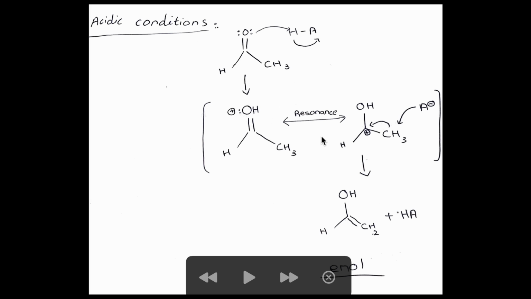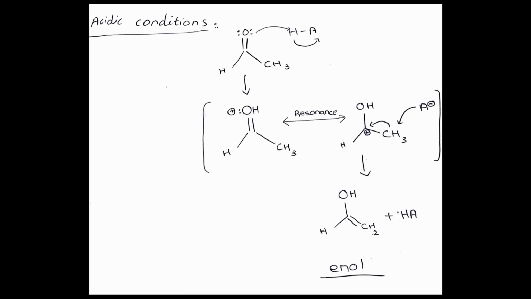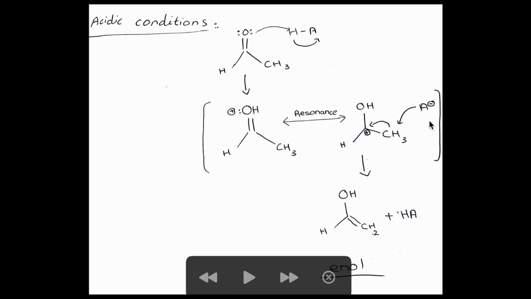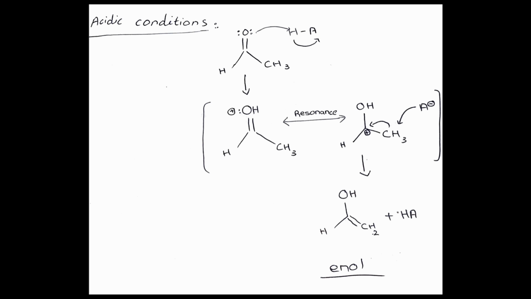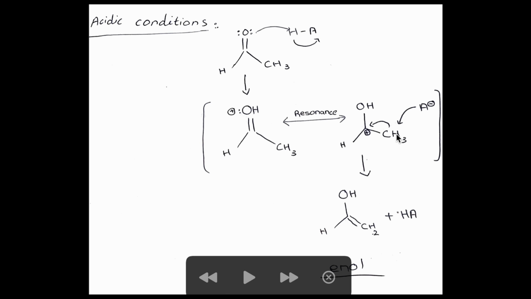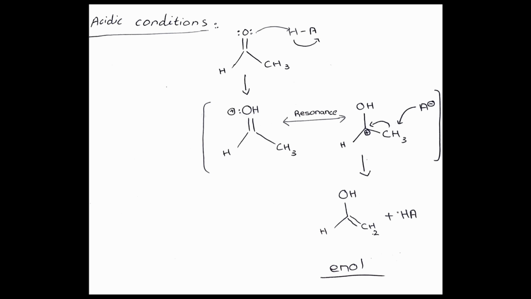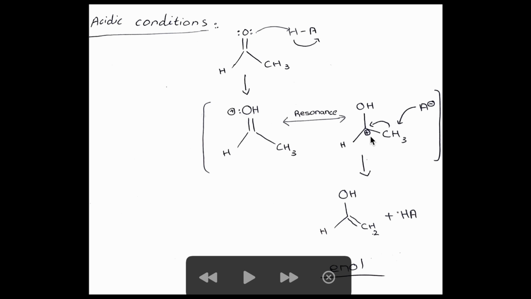As we can see, there are two resonance structures. In one, the positive sign is on the oxygen, and in the other, the positive sign is on the carbon next to the oxygen. After that, the base that got the lone pair from hydrogen will then react with the alpha hydrogen, and then that will give two electrons to the positive charge on the carbon next to it.